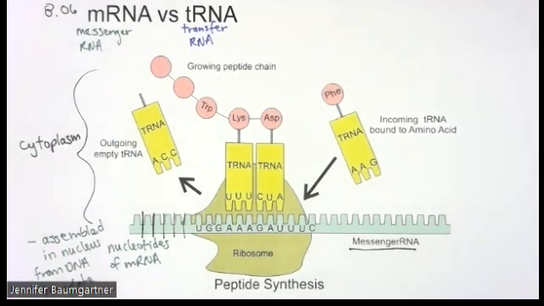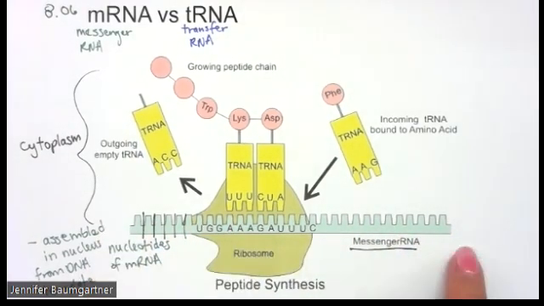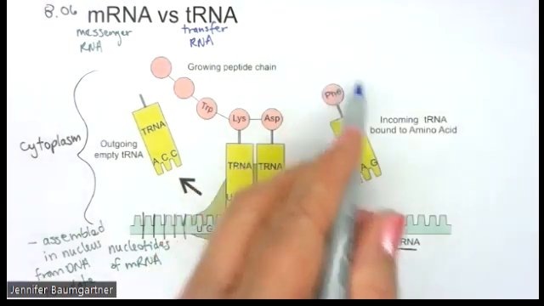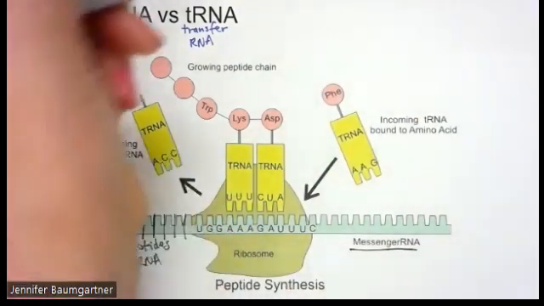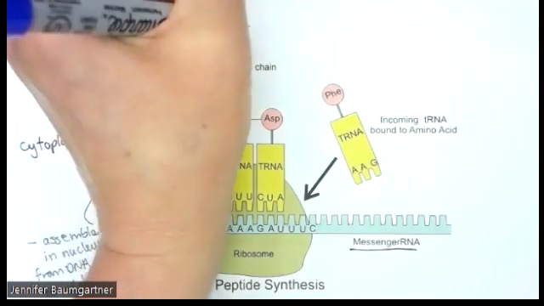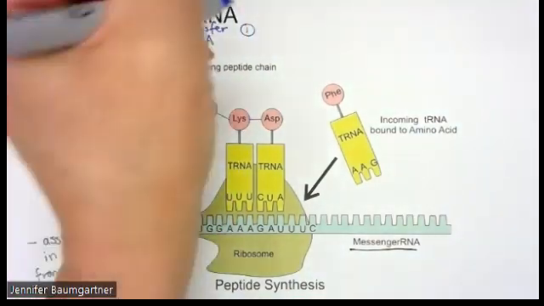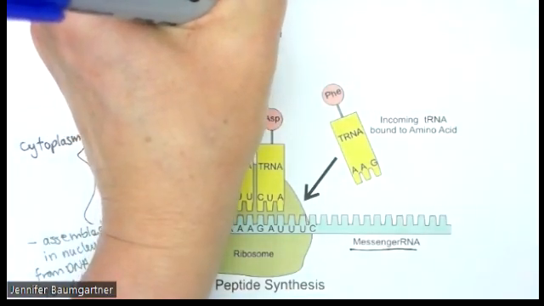And we can see that the mRNA assembles into a strand. The tRNA doesn't do this. So let's talk about the characteristics of tRNA. First of all, it is in individual tRNA molecule pieces.